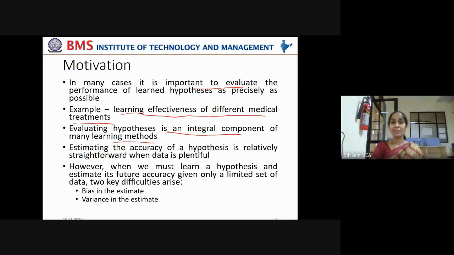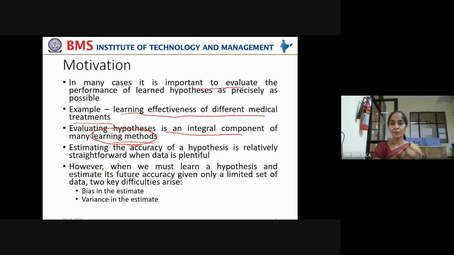In that case, do you have observed data to support your hypothesis, to give best accuracy? That is very important. Evaluating hypothesis is an integral component, a complete component of many learning methods.